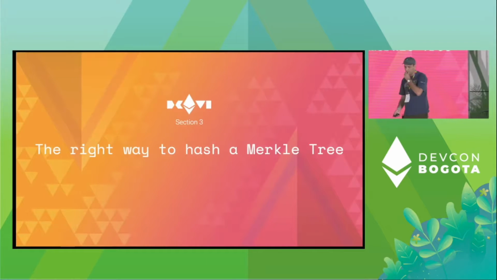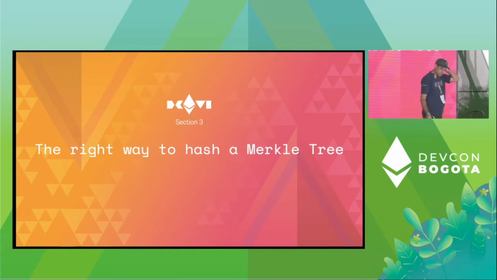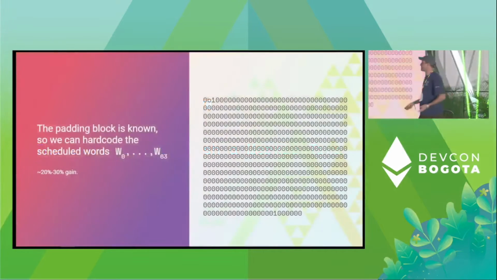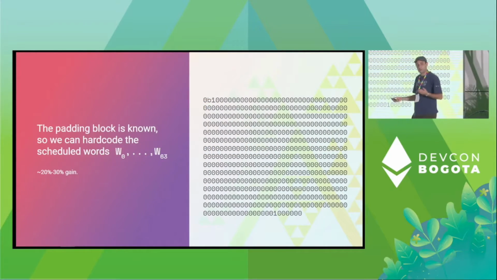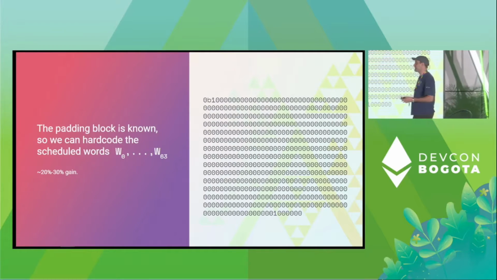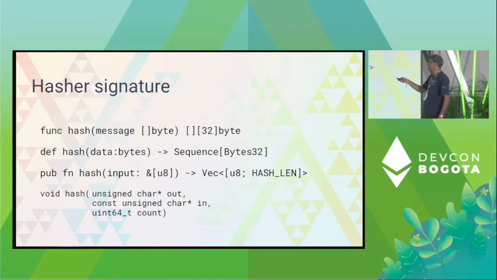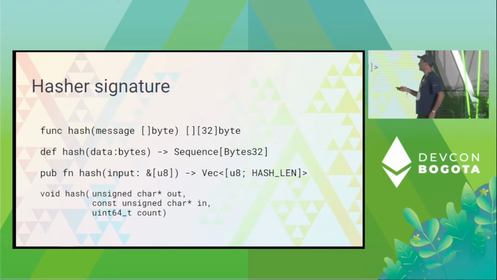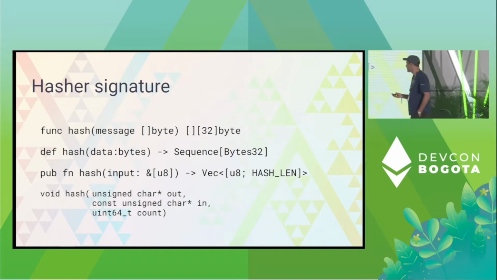Okay, so I want to tell you what is the right way of hashing a Merkle tree. And it's fairly simple. There are 2 things that we want to exploit. This takes an arbitrary byte slice, so this is the layer that you want to hash, and it gives you back a slice of hashes of 32 bytes. So it hashes all of them at the same time. I think I might have gotten this correctly in Rust after several iterations.